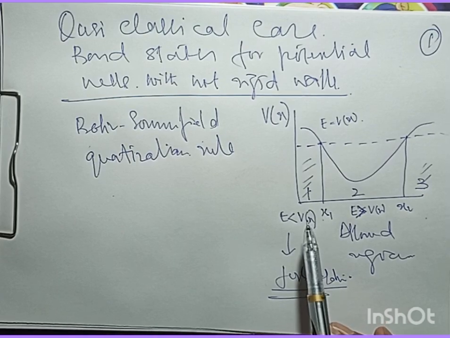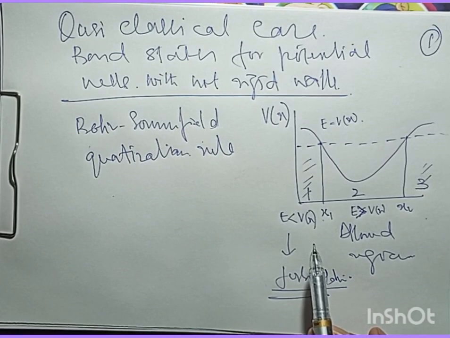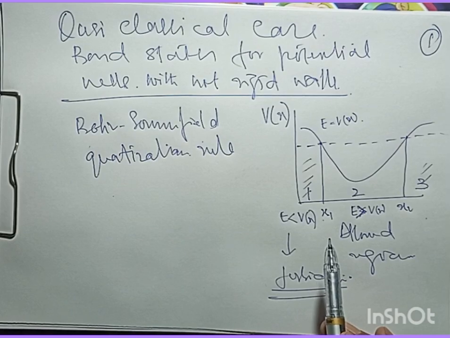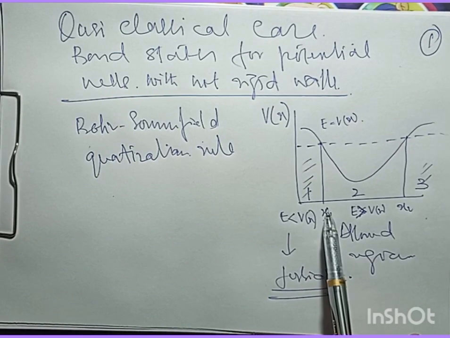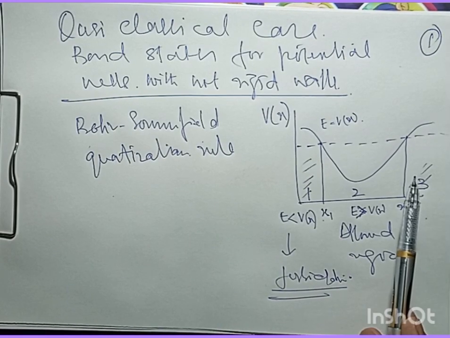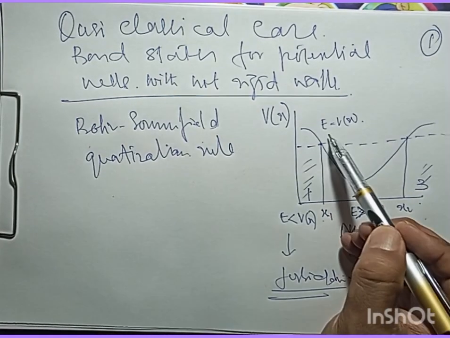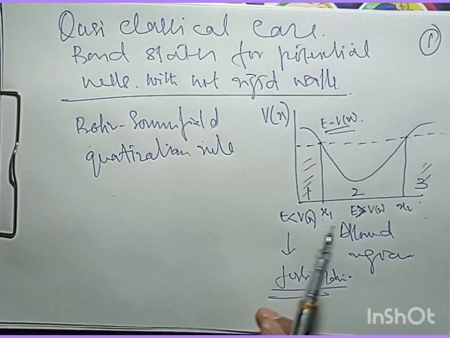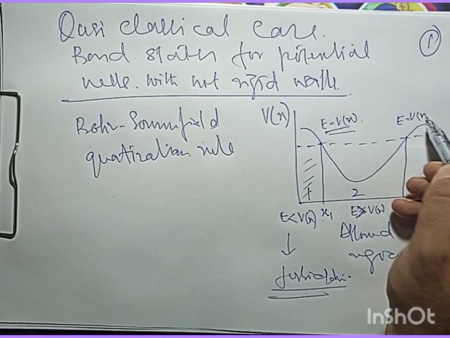This method applies everywhere in the three regions 1, 2, and 3, except at the turning points x1 and x2. At these points, E is equal to V of x1, and here it is E equal to V of x2.